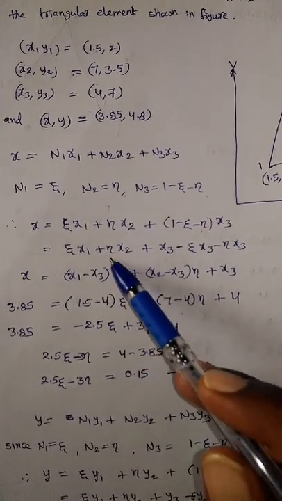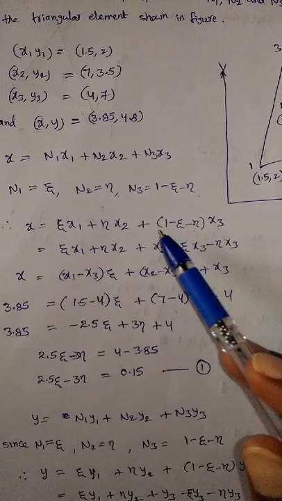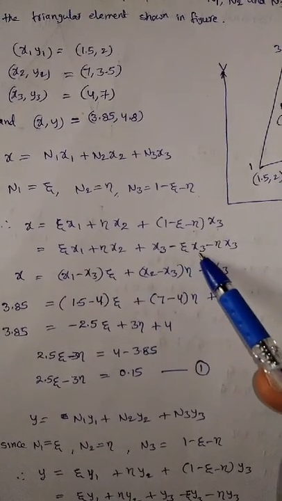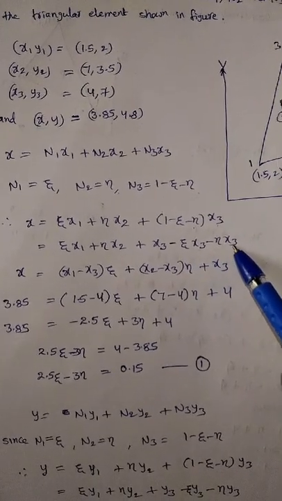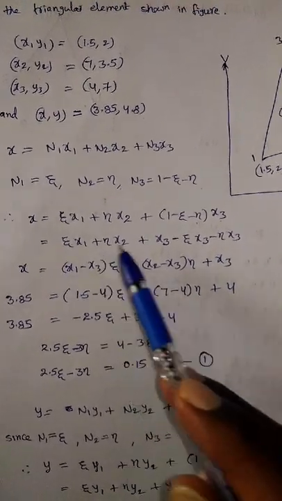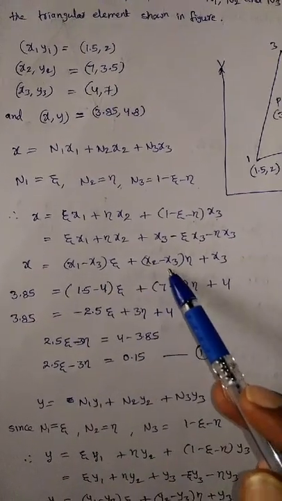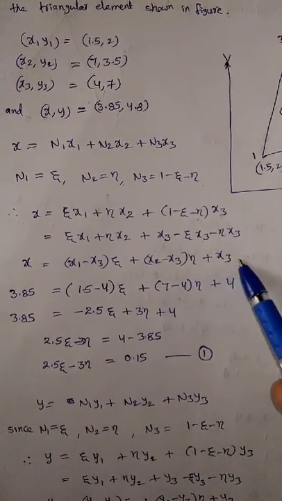Therefore x equals xi x1 plus eta x2 plus x3 minus xi x3 minus eta x3. Therefore x is equal to (x1 minus x3) xi plus (x2 minus x3) eta plus x3.